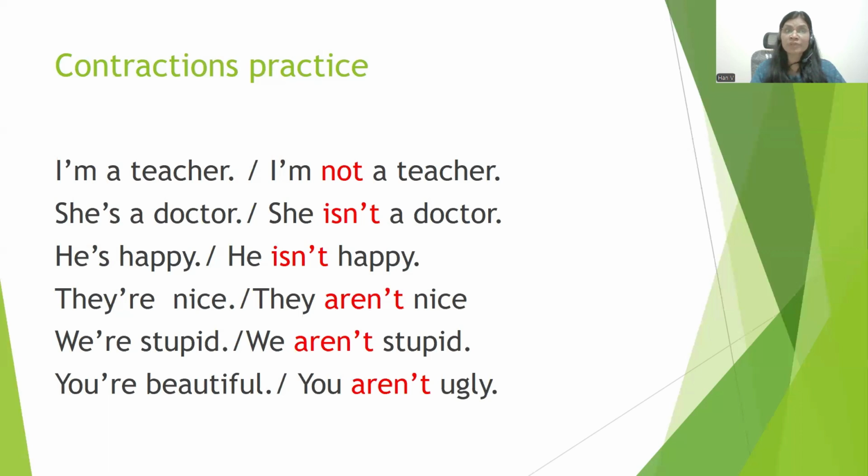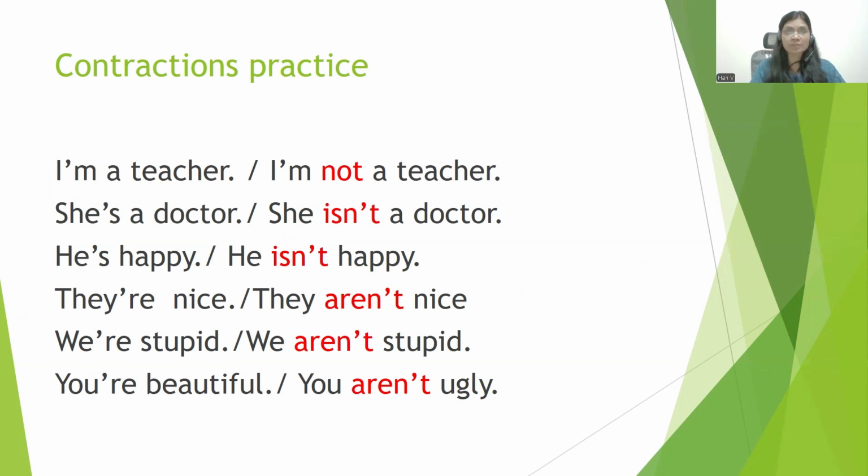For example, if you say, I am a teacher, this doesn't sound very well, although the meaning can be conveyed, it doesn't sound natural. But if you use a contraction and say, I'm a teacher, then it sounds better. I'm not a teacher. So when you say I'm a teacher, the word teacher is highlighted and your meaning gets very clear.